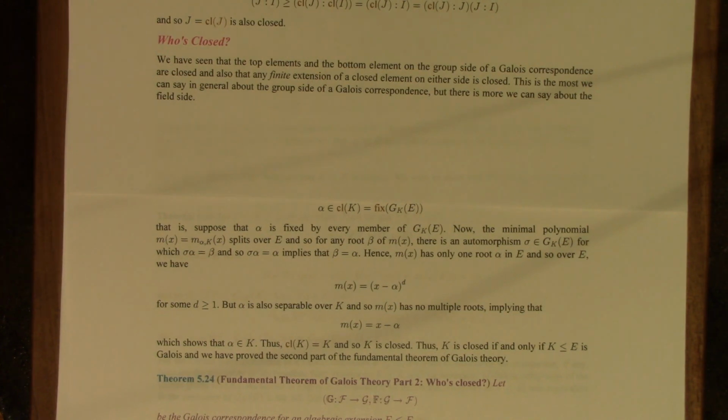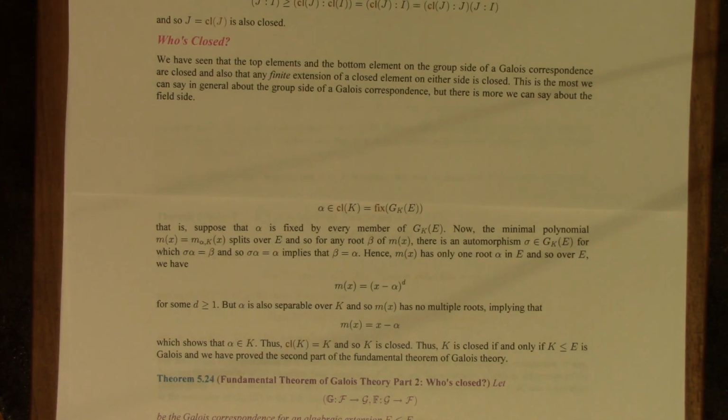But as it turns out, that's enough, because our main interest will be in splitting field extensions for polynomials. Those are finite Galois extensions. And the fact that they're finite means the Galois group is finite.